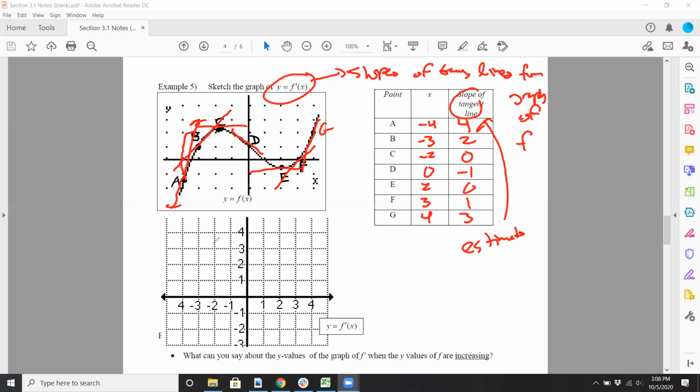So what you do then is you plot these points: negative 4, 4; negative 3, 2. Remember, these are now y values on the graph of f prime, which we're doing right here. Negative 2, 0; 0, negative 1; 2, 0; 3, 1; 4, 3.